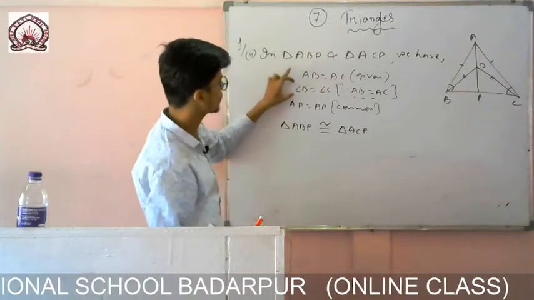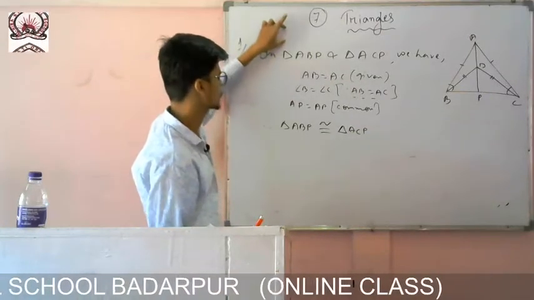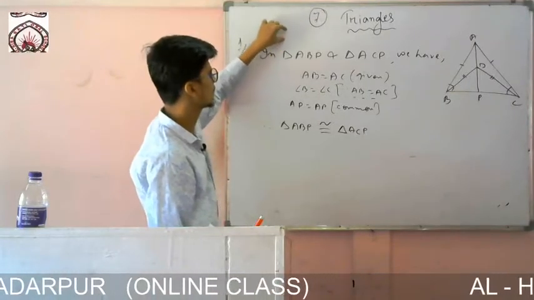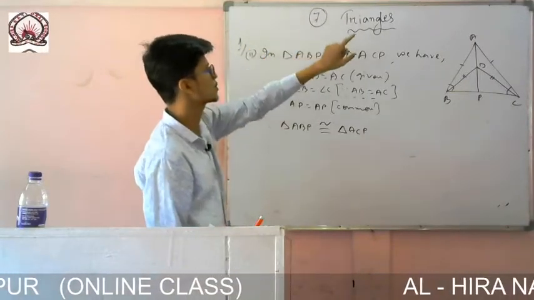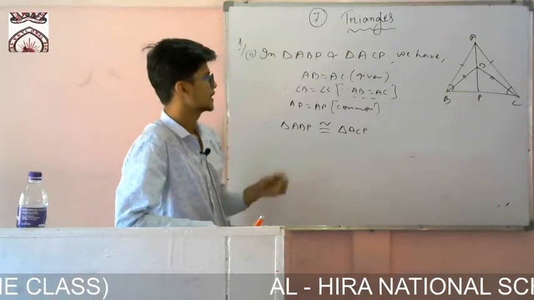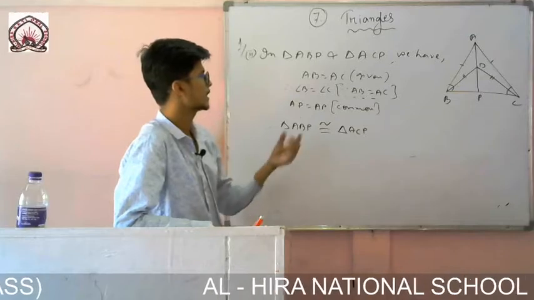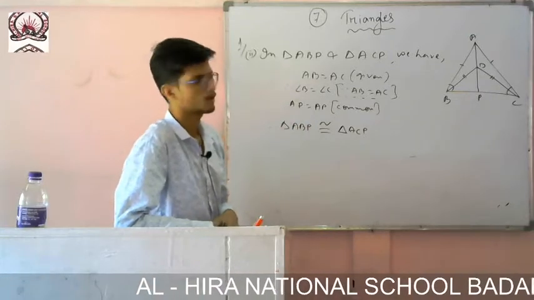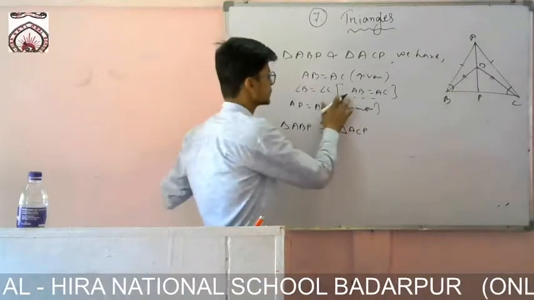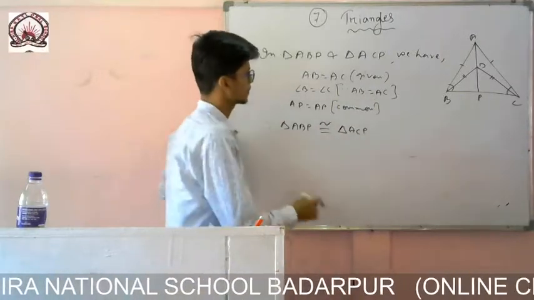Or else, you can prove this one earlier before starting the question. Since AB is equal to AC, angle B will be equal to angle C, the reason being corresponding parts of congruent triangles. After that you write angle B equals angle C, so no need to give anything. So these two triangles are congruent.